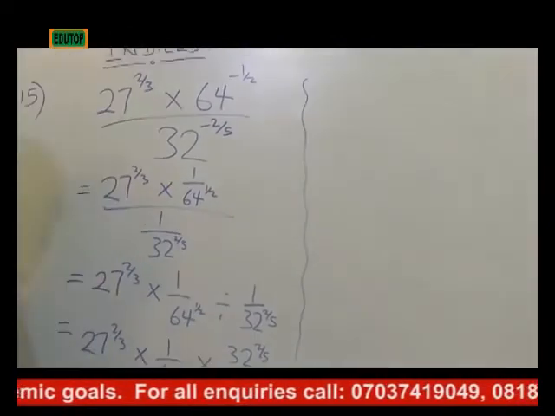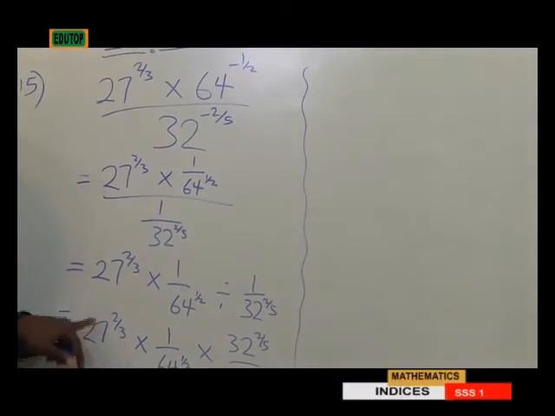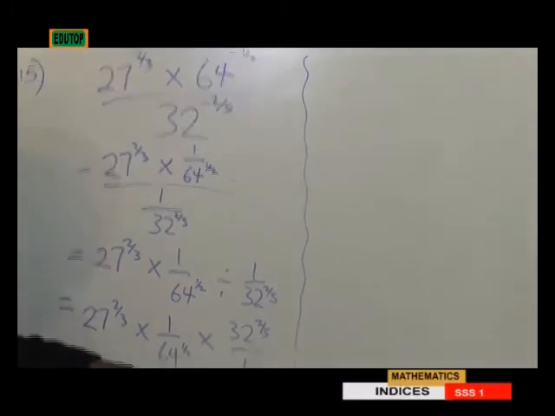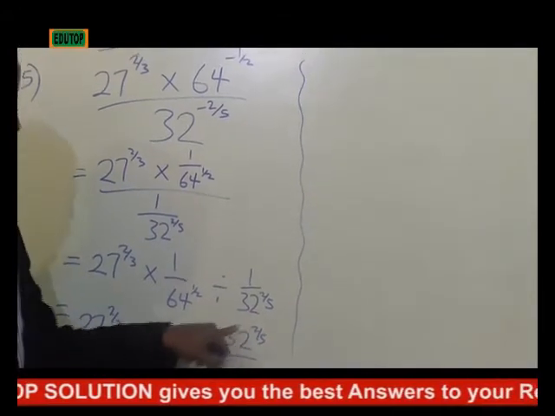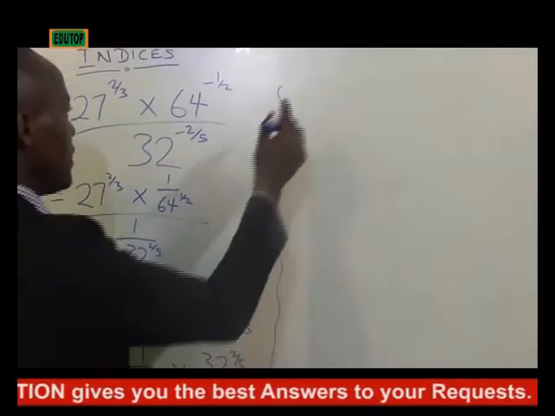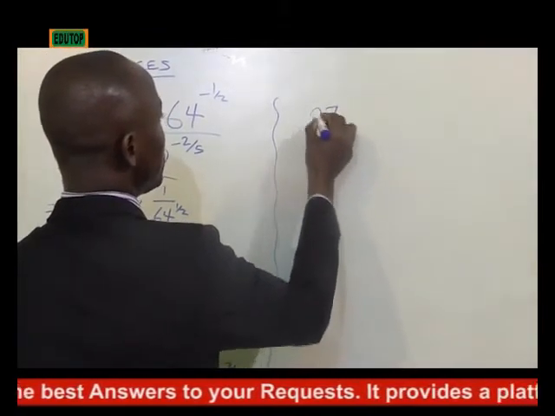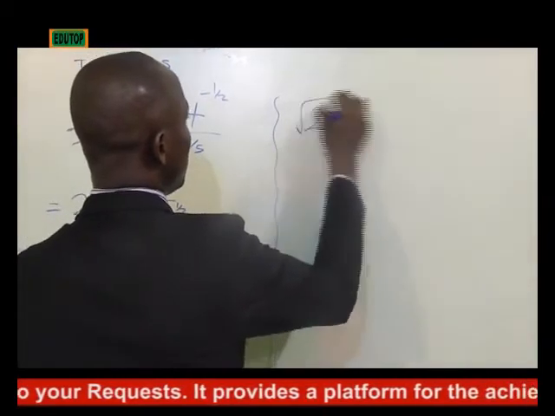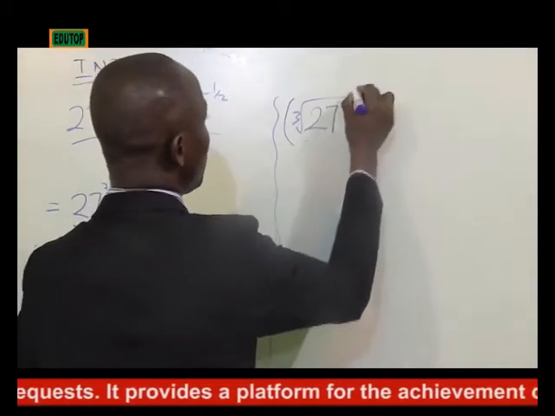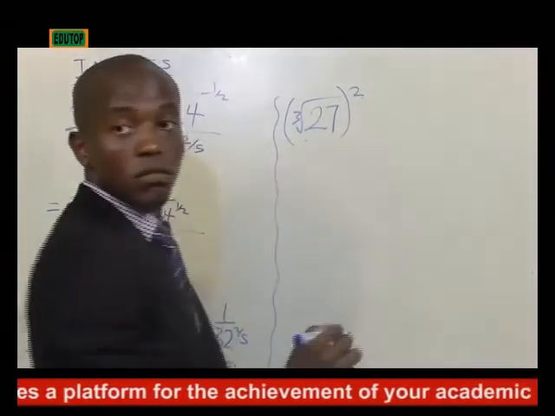So we now find the cube root of this raised to power 2, find the square root of this, we find the fifth root of 32 raised to power 2. So we'll now break it down to something like this: the cube root of 27, all over, everything raised to power 2.